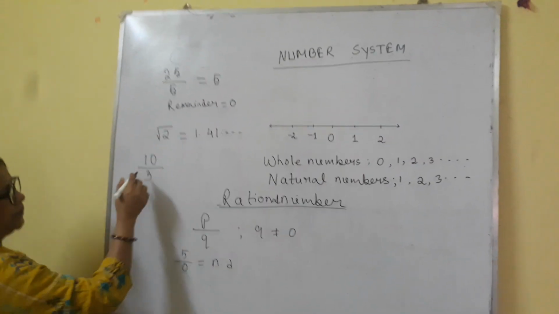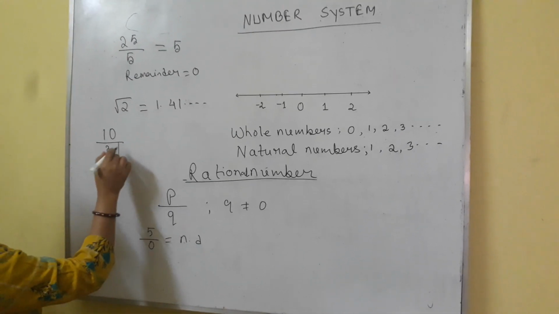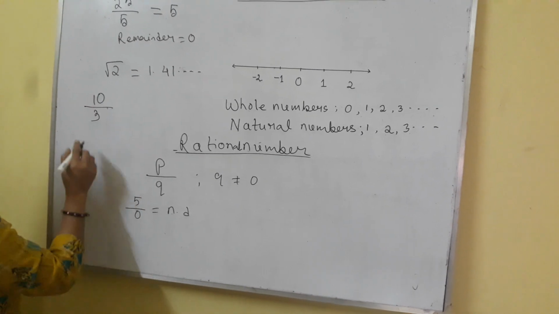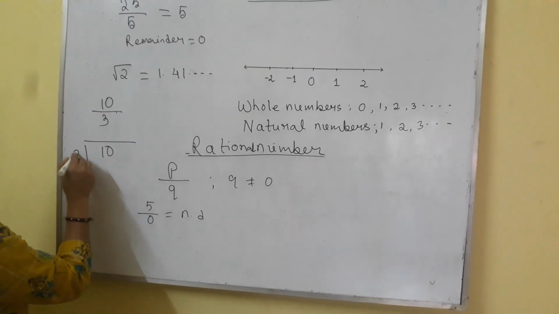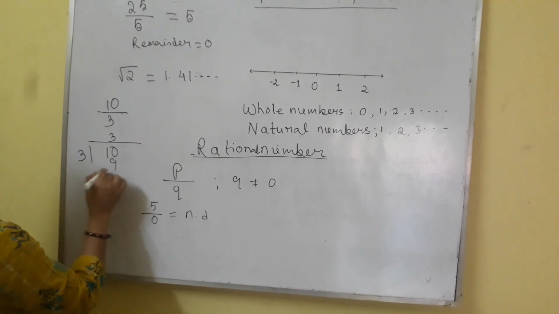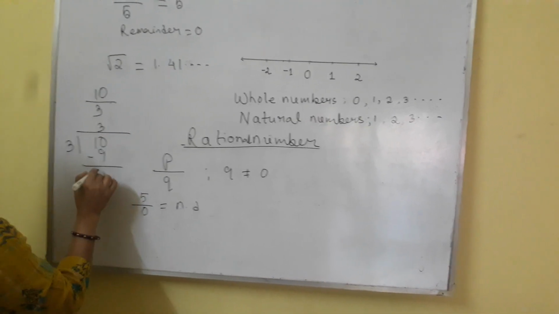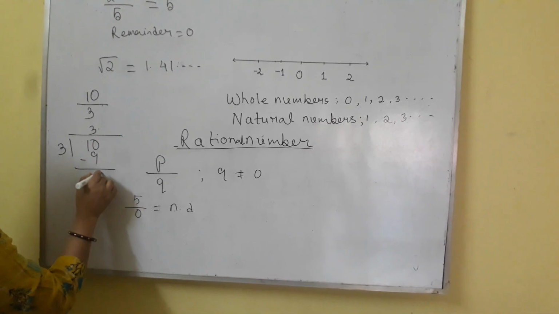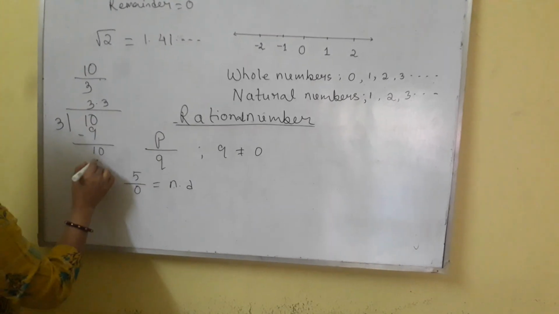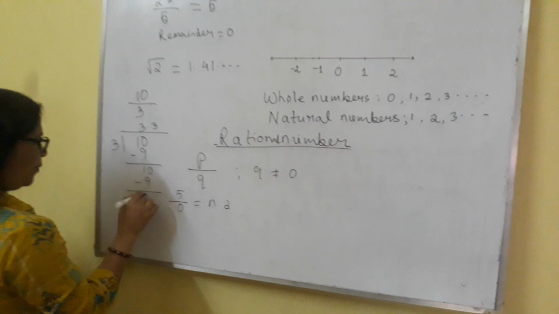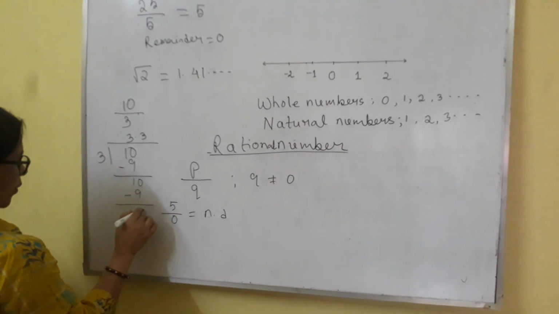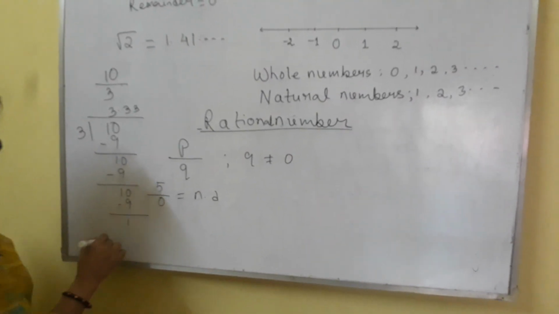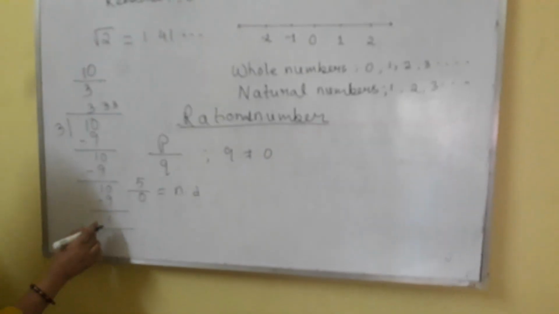10 divided by 3. If we divide 10 by 3, we get 3 times 3 is 9, then 1 remainder. We put a decimal because 1 cannot be divisible by 3, so for that we get another 0, then again 3 times 3 is 9, and again remainder 1. Again for the decimal we get 10, then again 3 times 3 is 9, again the remainder 1, and it will continue like this way.